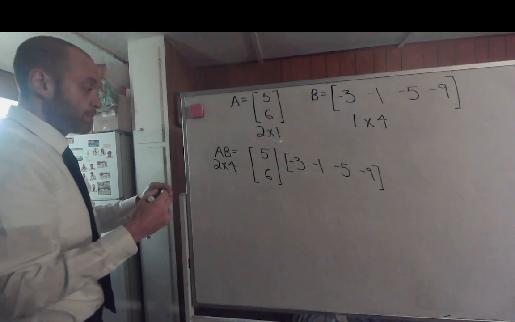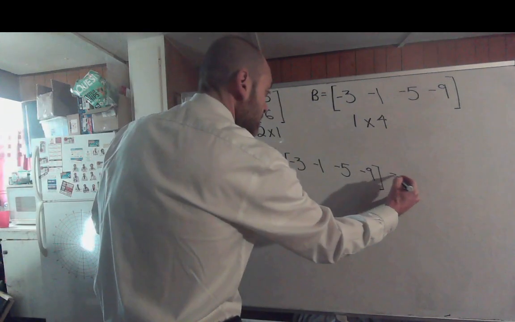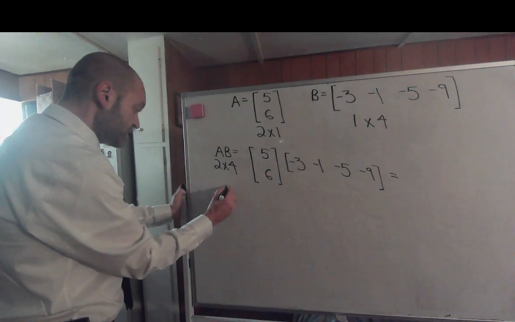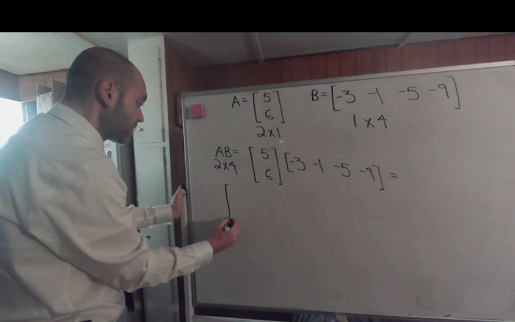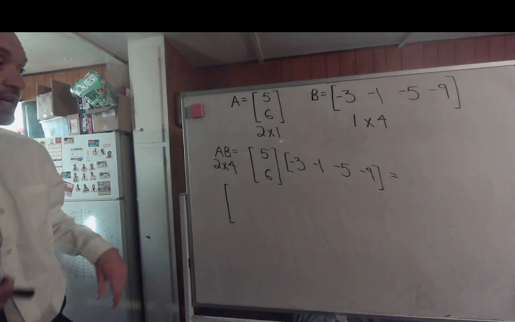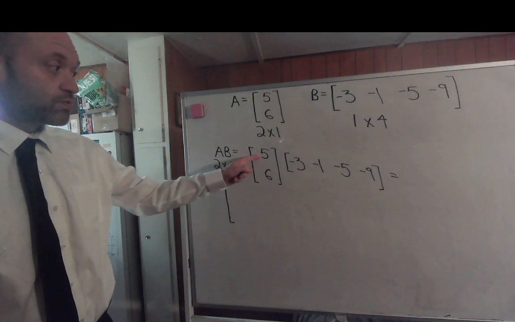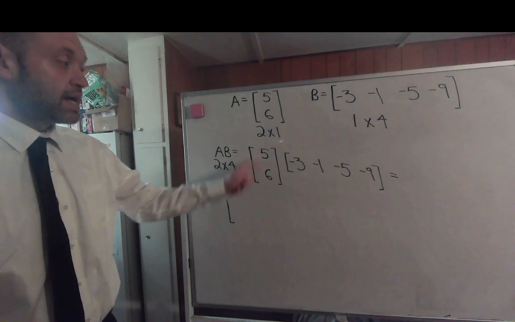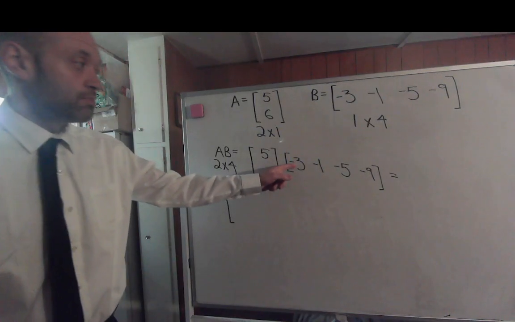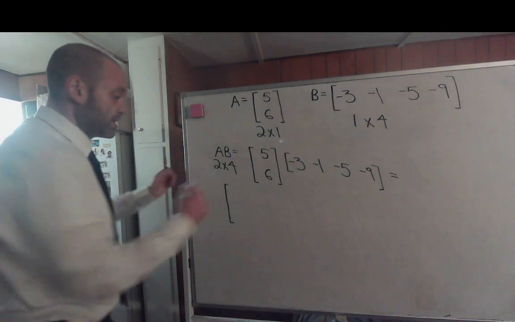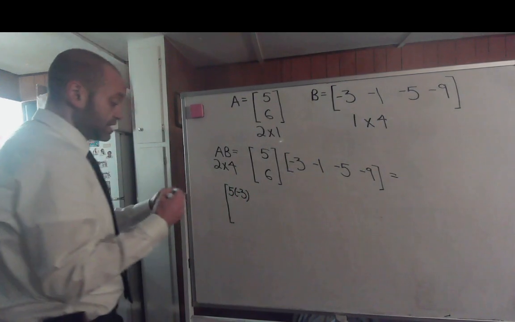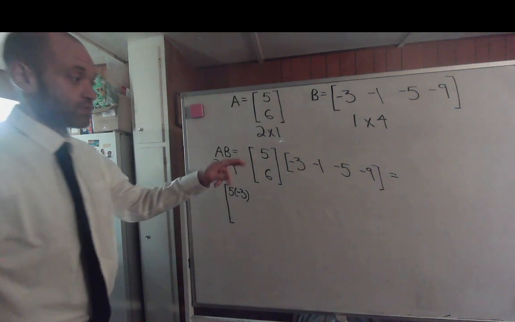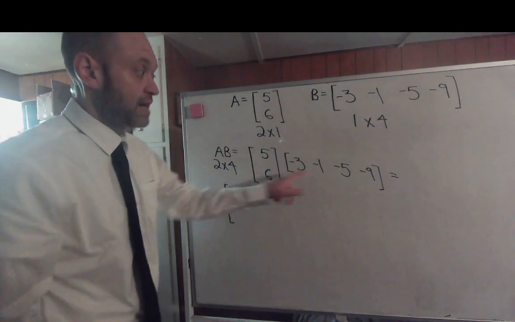Alright, so to get the first number of the first row, we need to take the entire first row times the first column. So that would just be 5 times -3. To get the second number of the first row, we take the first row times the second column.